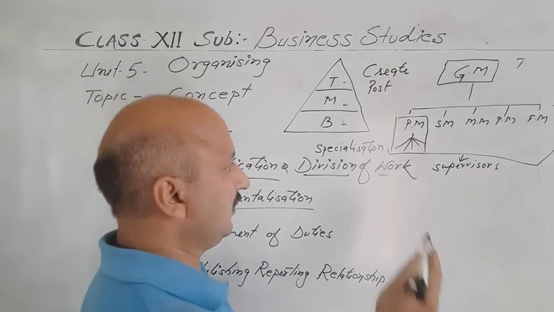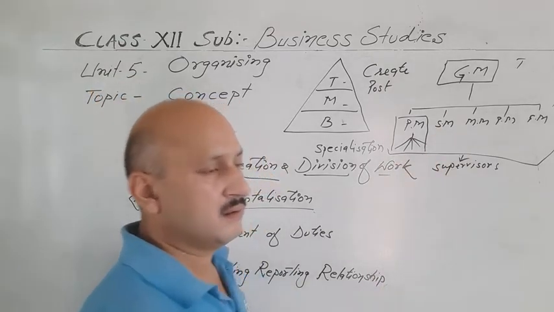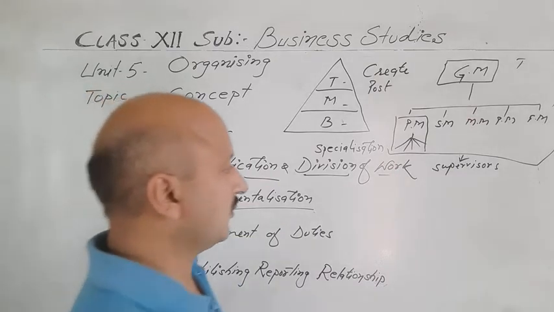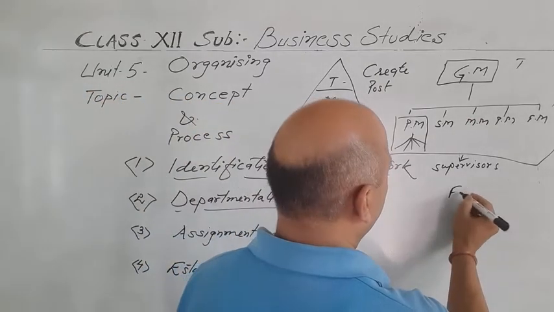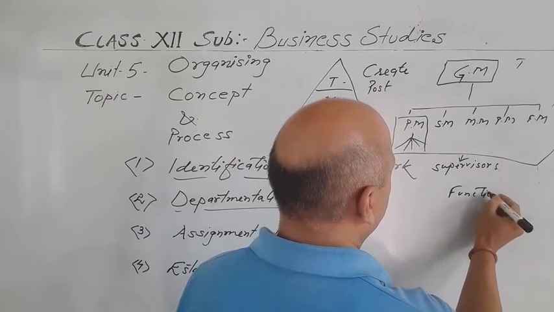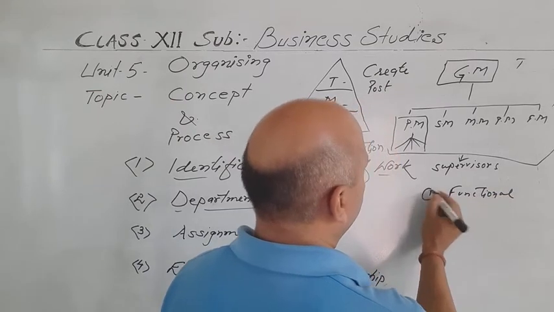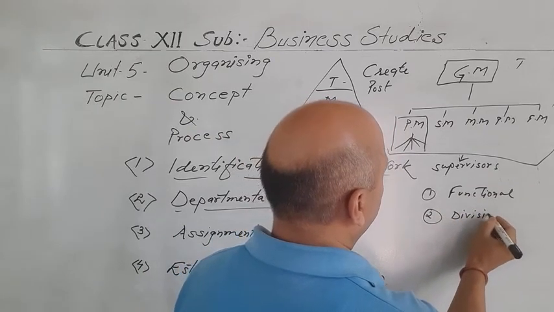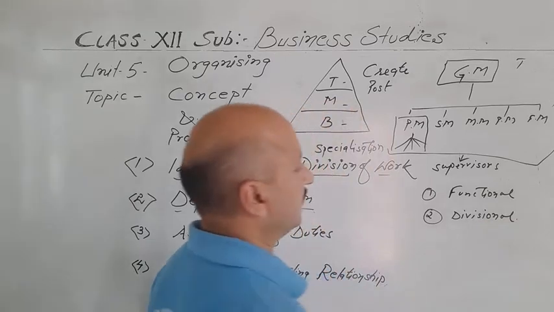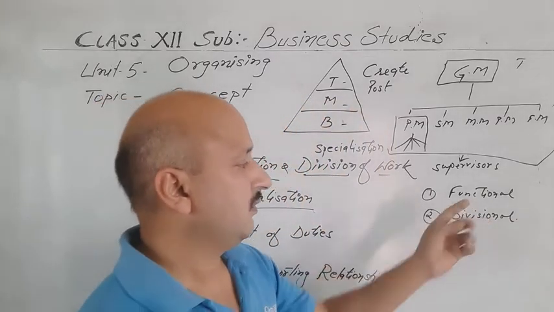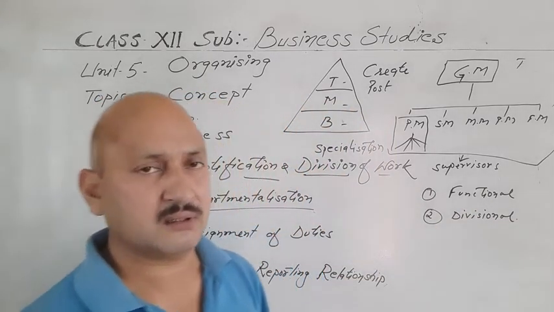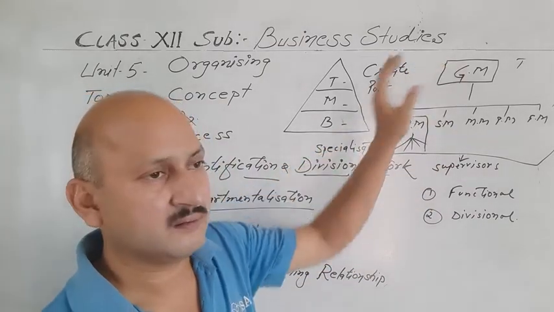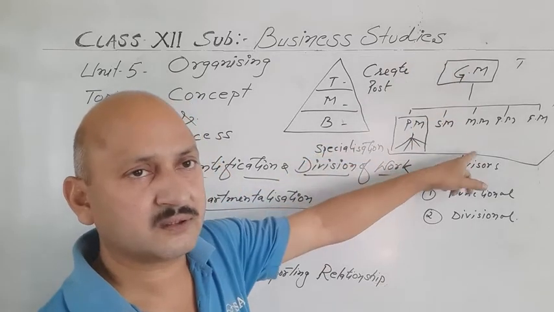Departments may be created in two ways, either functional or divisional. In the functional type of organizational structure, the chart will be similar to this one.